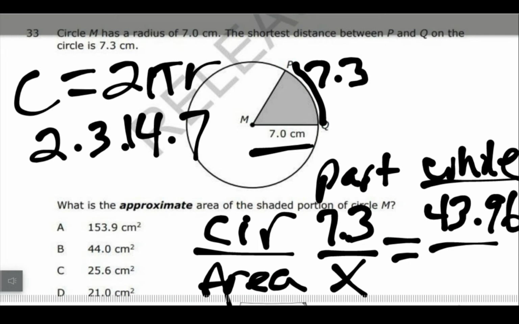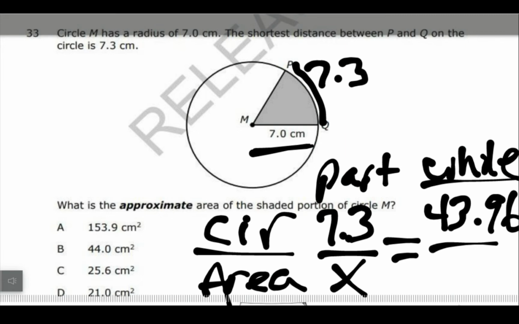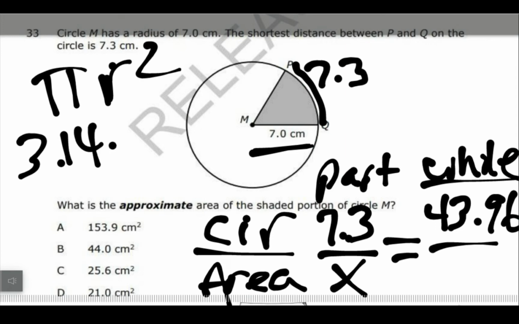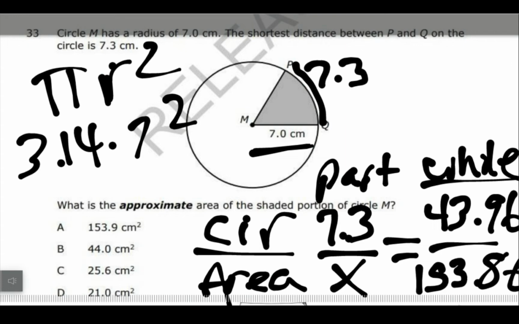That is the circumference of the whole circle. Then we can also find the area since they give us the radius of the whole circle. Remember that area is pi r squared. So I do pi times 7 squared, and that would be 153.86.